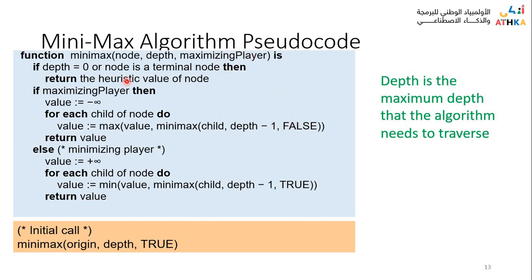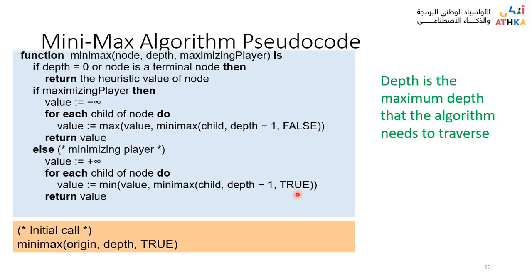Okay, so the next time you go in and you ask, is maximizer player? No, it's not the maximizer, so you go, hey, this is a minimizer player, and the minimizer player will set the value to be plus infinity because I'm trying to get the minimum value, so I'm going to set myself to infinity. For each child I am going to check the minimum of the value that I have, which is plus infinity, and the value that the maximizer is giving for the depth -1.